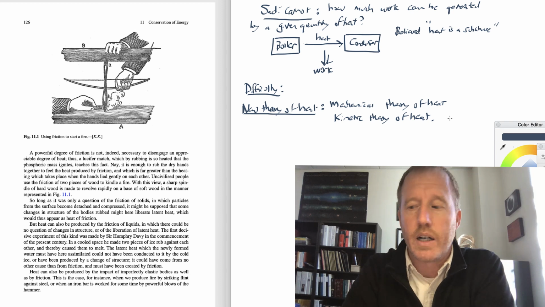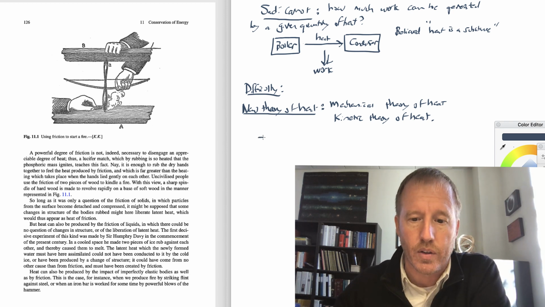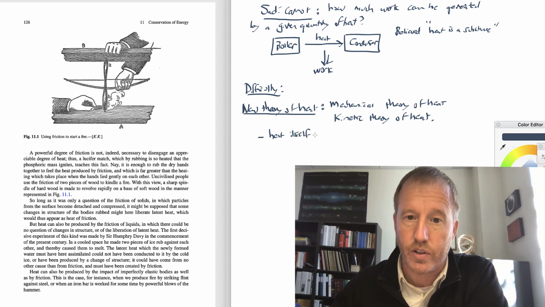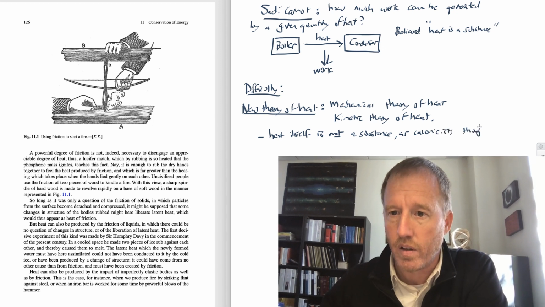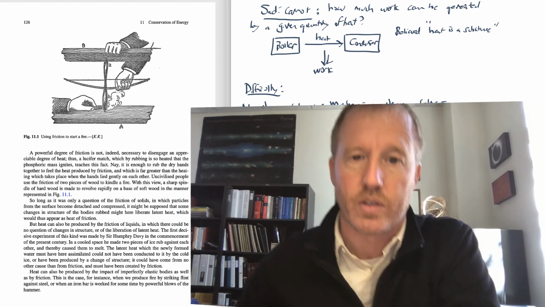Well, the idea is, first of all, that heat is not a substance, as the caloricists thought. So, if it's not a substance, then what is this heat? Well, they said it is a form of molecular motion.